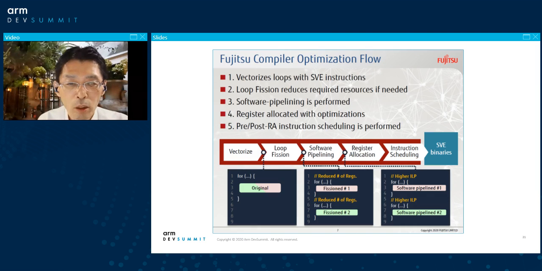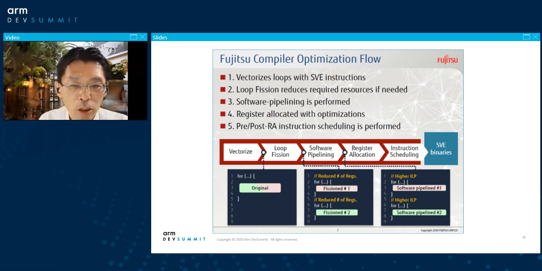So, here is a picture of the Fujitsu compiler optimization flow. There are 5 compiler stages. The first one is vectorizing loops with SVE instructions. And the second one is loop fission, to reduce the required resources if needed.